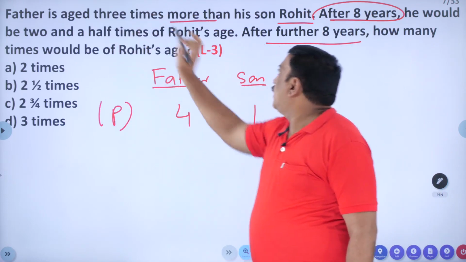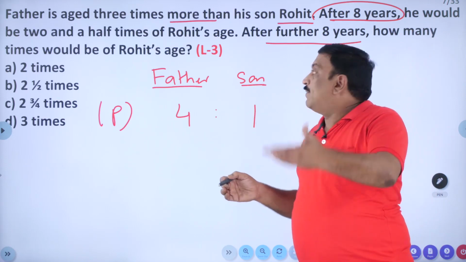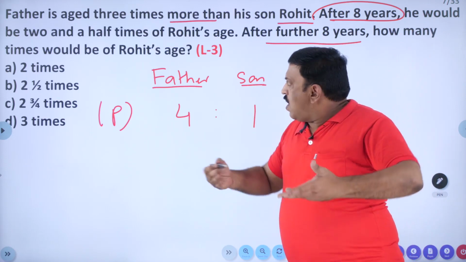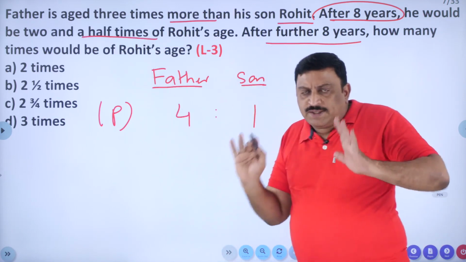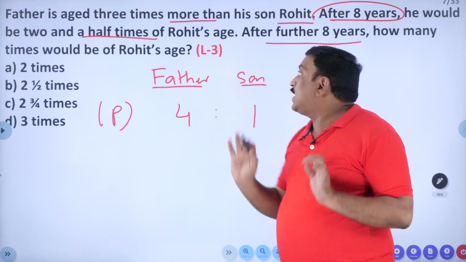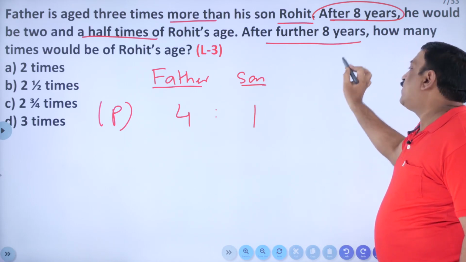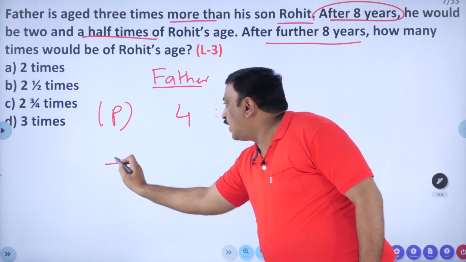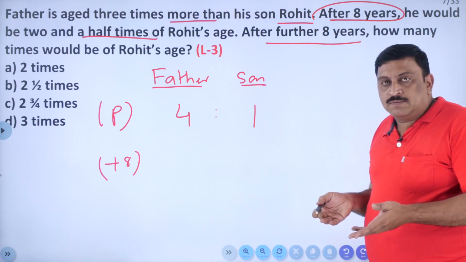And after 8 years, he would be 2.5 times. No, it's not more. Is it more? No. It is just 2.5 times. Let us try this one here. That is, father after 8 years. Okay, fine. Put that one. It is 2.5 times.